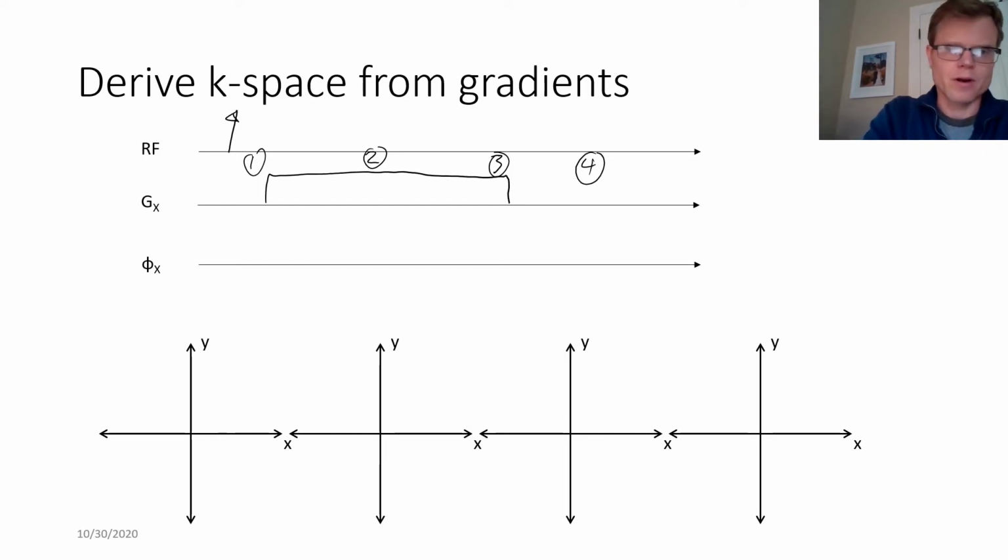After our RF pulse, we tip our net magnetization into the transverse plane, this being time 1 here.